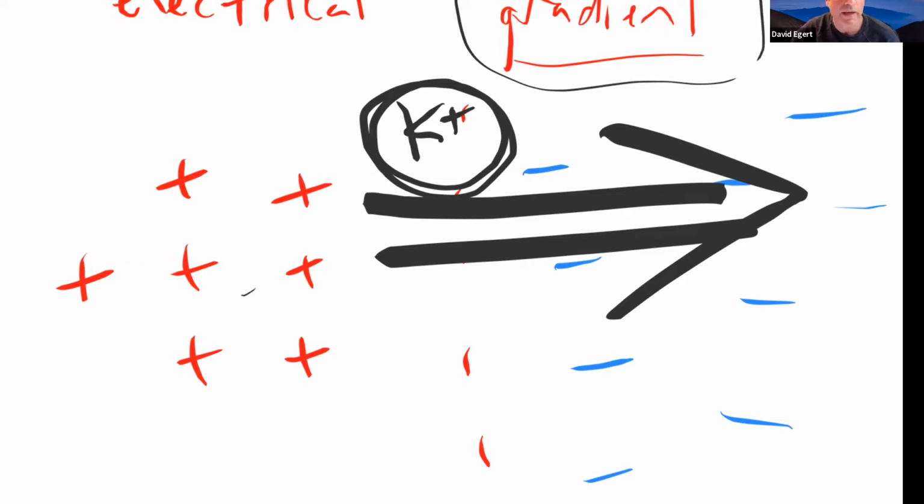So this is another way to store energy, by having this unequal distribution of electrical charge. We're going to look at this in much more detail. This is going to be critical in cell signaling and how neurons work and how muscles work and all that. We call this electrical gradient, this potential energy, voltage.